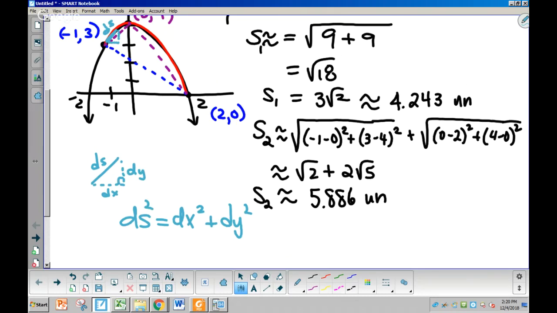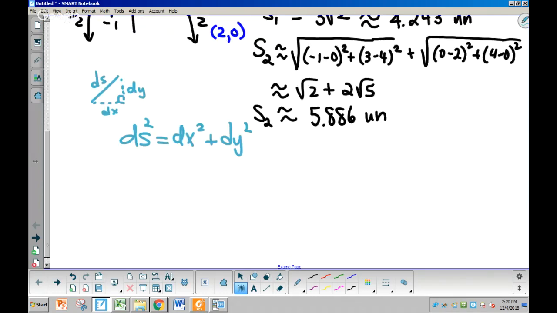Yeah, it's squared. And then little ds would be equal to the square root of dx squared plus dy squared. Do we agree with that?